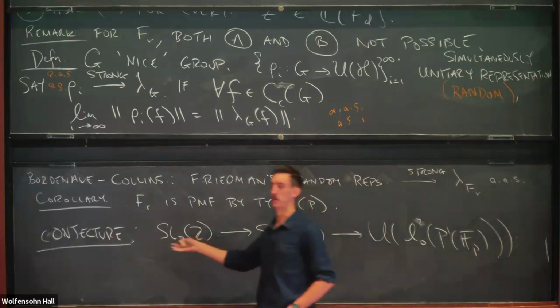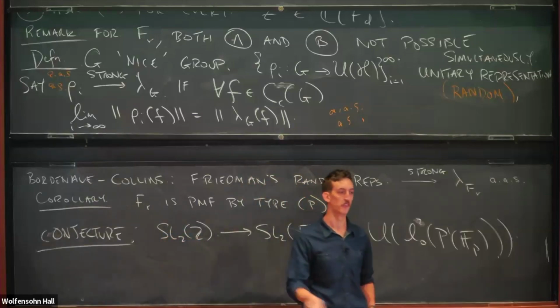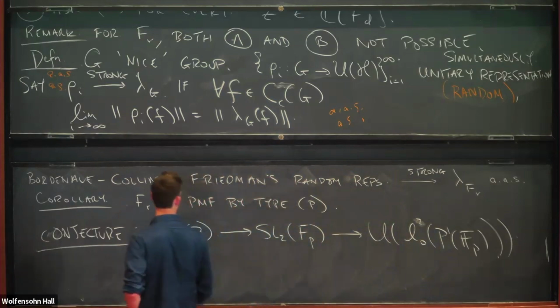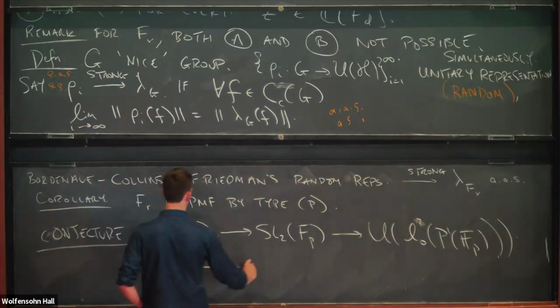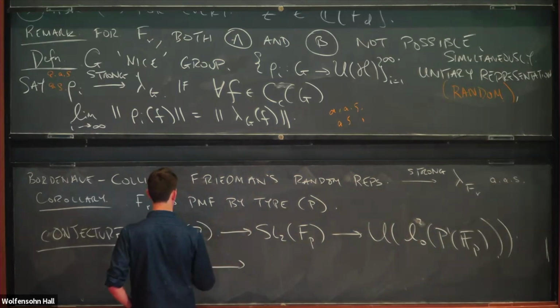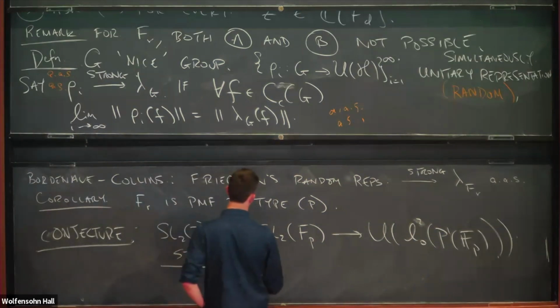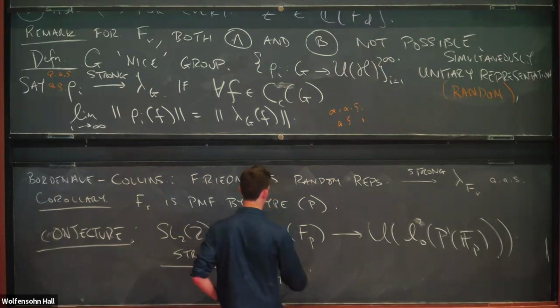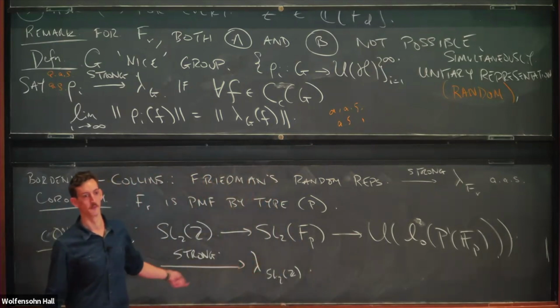It's not the free group, but it has a finite index free subgroup, and it will still strongly converge there. If it's true, I predict that these converge strongly to the regular representation of SL2Z. So I'll be happy if someone can disprove this for me, and I won't have to think about it.